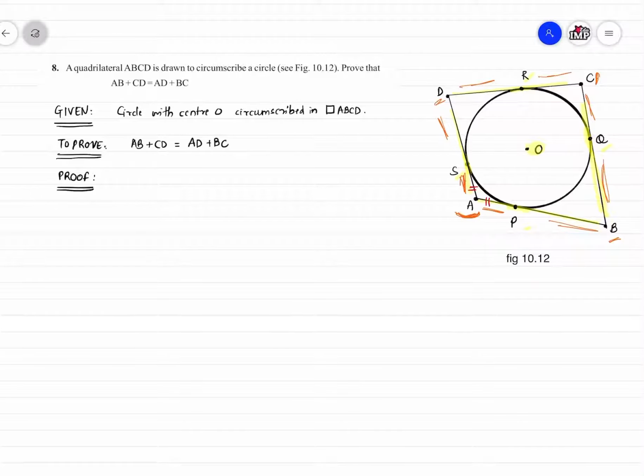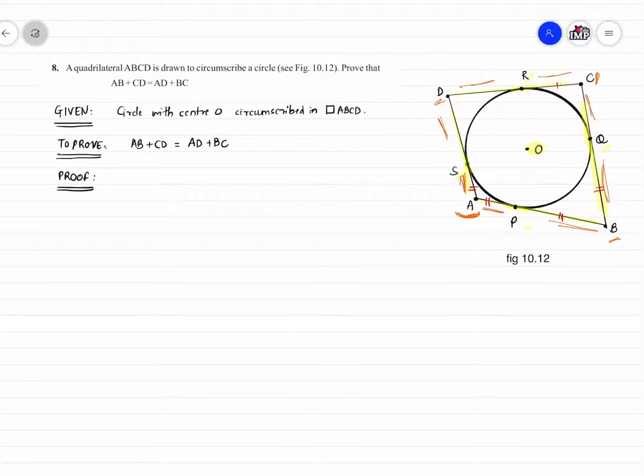So AS is equal to AP. Similarly, if we consider point B, I know that point B is an external point from which BP and BQ are the tangents drawn to the circle with center O, and therefore BP and BQ are equal to each other.